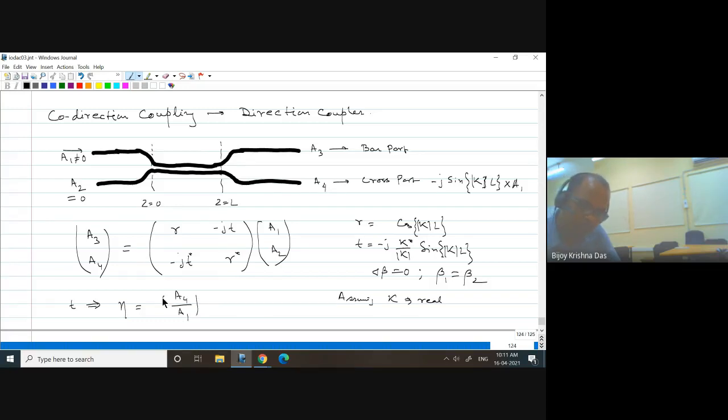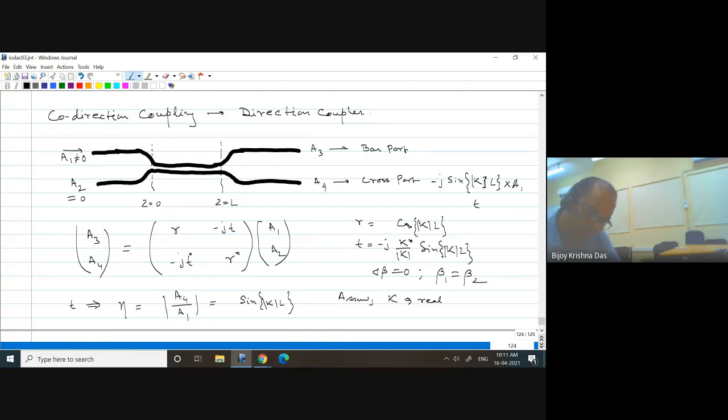And you can take the mode of that one, and that will be A4 divided by A1 would be sine kappa L, right? Sine kappa L. And if you are just considering this eta, because of the T, T is this one, right? This is the T value. T value is sine kappa L.